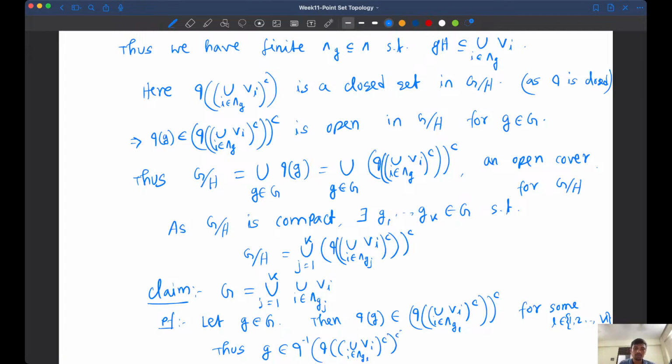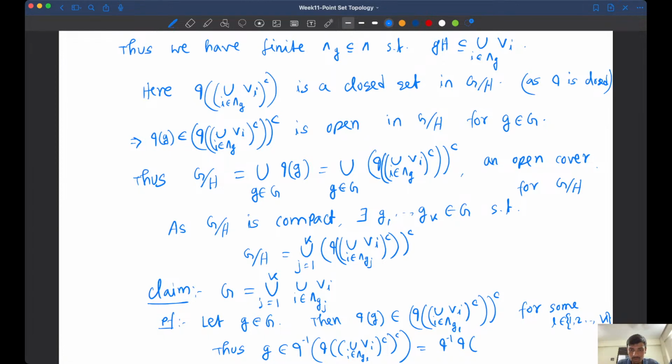Now Q inverse of some complement of some set. Okay, I'm probably missing another bracket or something. Okay, no, fine. So this complement is basically whole this Q of this complement. So Q inverse this thing is nothing but again Q inverse of Q of whole complement, right? As this is surjective.